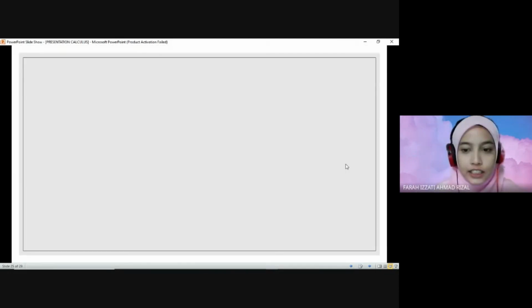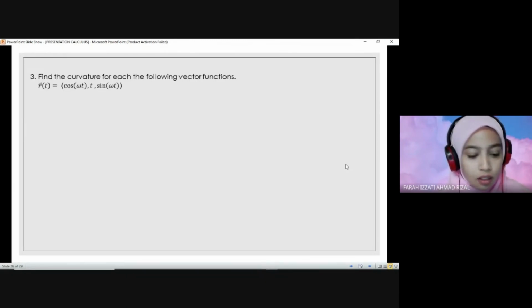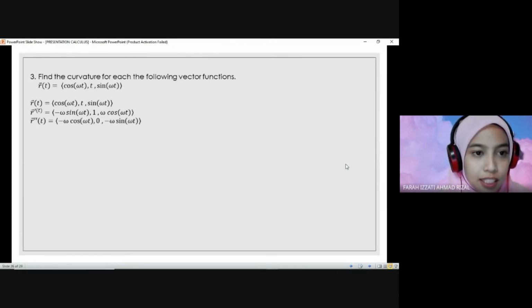Okay, for section 111, the question is to find the curvature for each of the following vector functions. Okay, r vector t equal to cos omega t, and sine omega t. So we differentiate it. For the first derivative, we get negative omega sin omega t, 1, and omega cos omega t.